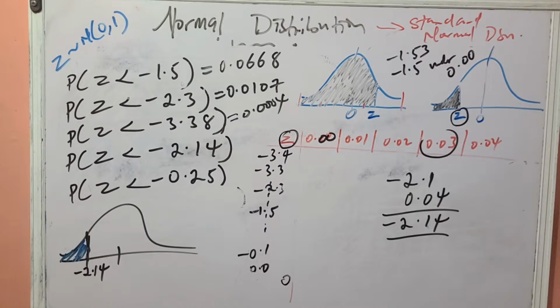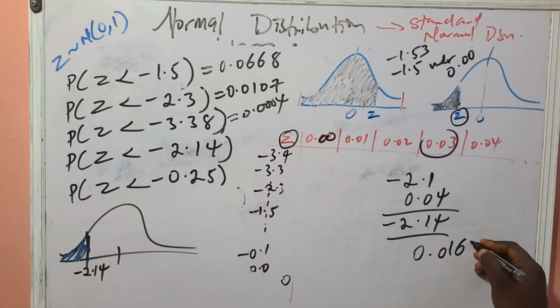Then on that 4. Now, you guys, I need to tell you, you need to be very careful. Of course, you can see the possibility of you missing values, especially in an exam. So try and be very careful the way you trace them out so you don't make mistakes. Minus 2.1 under 0.04. I can see right there, I'm getting a value of 0.0162.